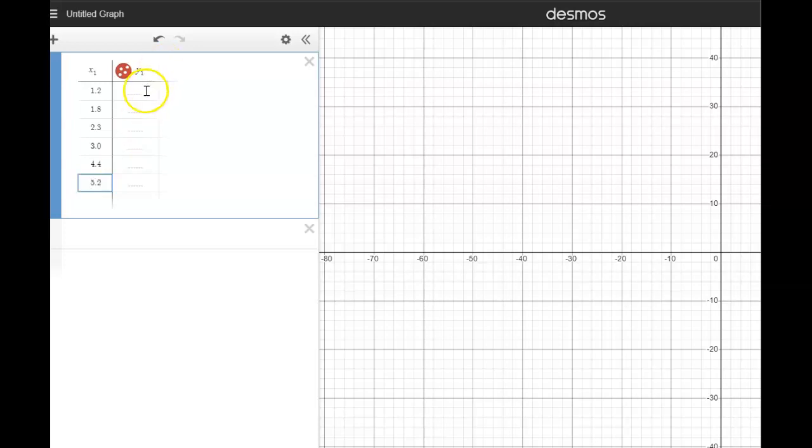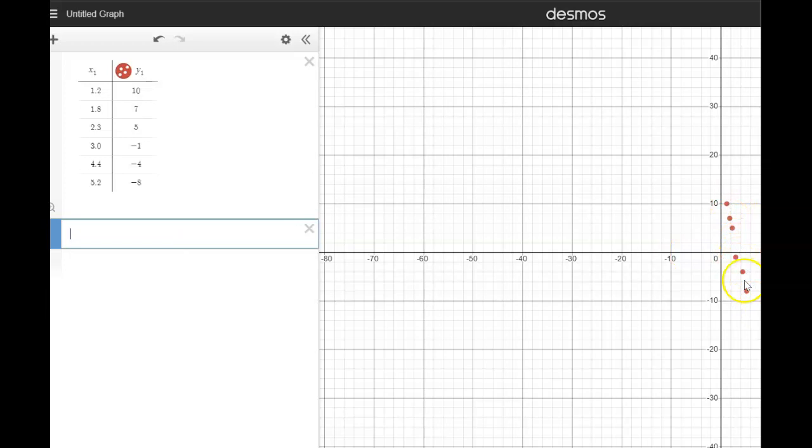Now for my y values, I've got 10, 7, 5, negative 1, negative 4, and negative 8. You can see here on the graph, we've got our points.